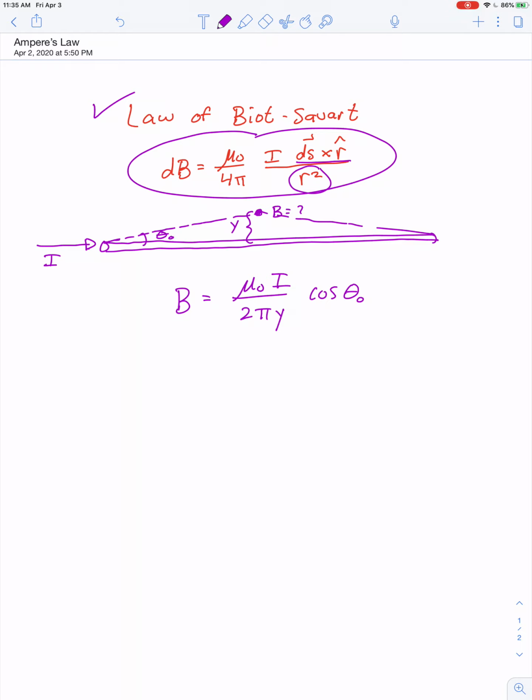And if the wire is very long, then that value of theta naught approaches 0 degrees, and the cosine of 0 degrees is equal to 1.